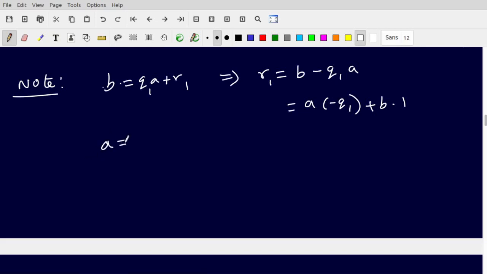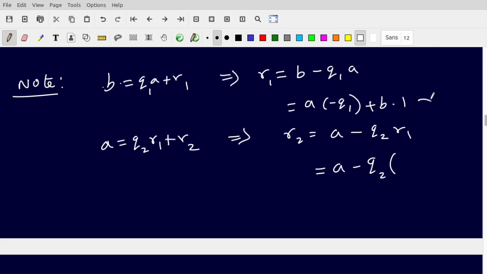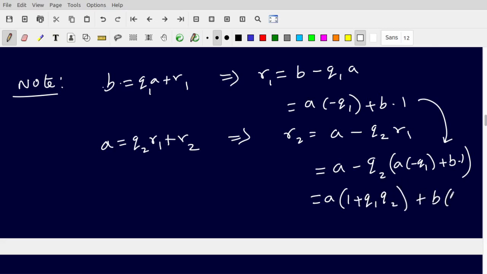From the second equation, B equal to Q2 R1 plus R2. Here R2 is nothing but B minus Q2 R1. In the place of R1 we apply the previous result and rewrite this as a linear combination of A and B. This is a linear combination for R2.